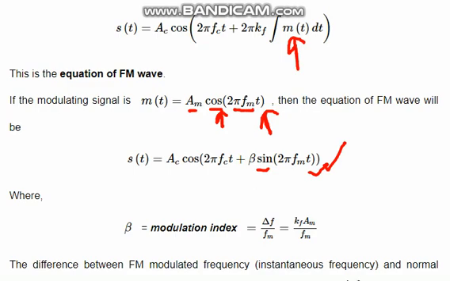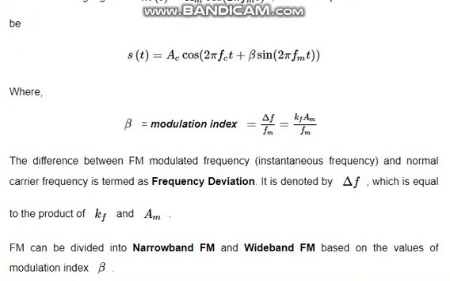So there is a constant, the modulation index beta, which is the modulation index for FM or frequency modulation. So beta is equal to del f divided by fm. Del f means the frequency deviation, which depends on the frequency sensitivity and the amplitude of the modulating wave, divided by the frequency of the modulating wave. So that's all for the modulation index.